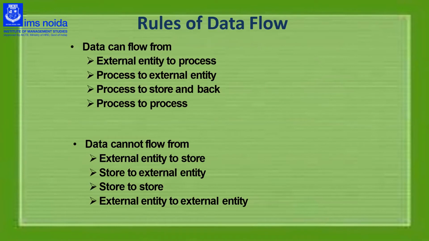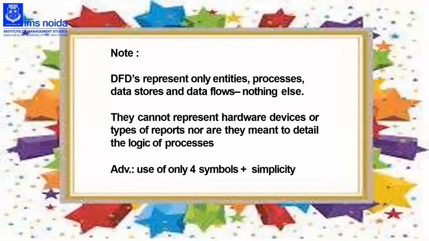Also, data flow: data can flow from external entity to process, process to external entity, process to store and back, process to process. Data cannot flow from external entity to store, store to external entity, store to store, external entity to external entity. These are the rules which we will remember when we make the data flow.